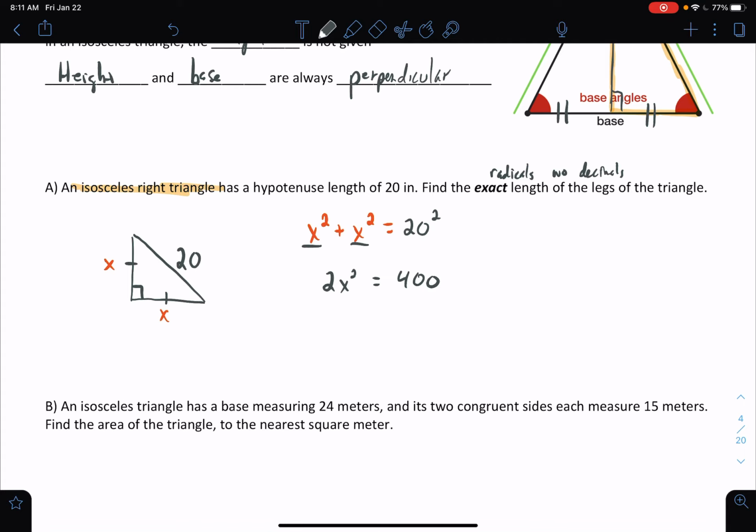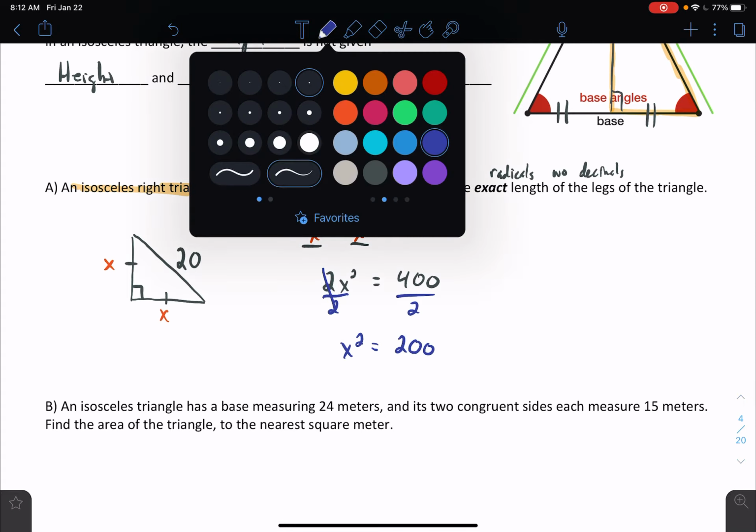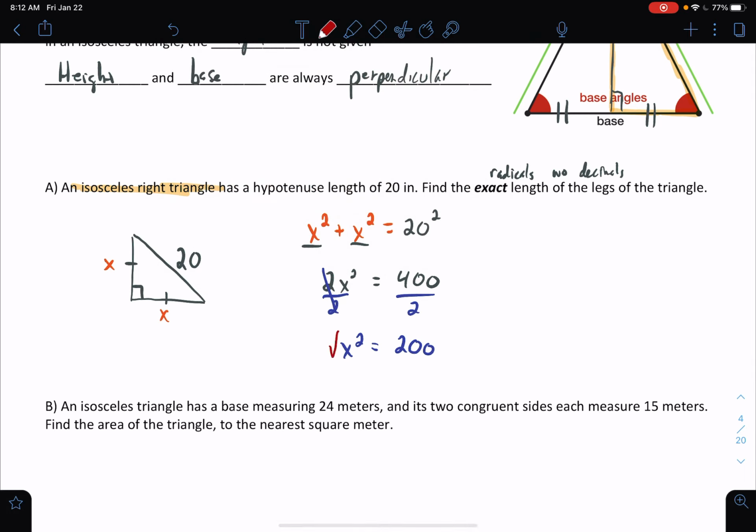So from here, I can divide both sides by 2. So we'll get x squared equals 400 divided by 2, which is 200. And then in order to get rid of the squaring, we are going to square root both sides.